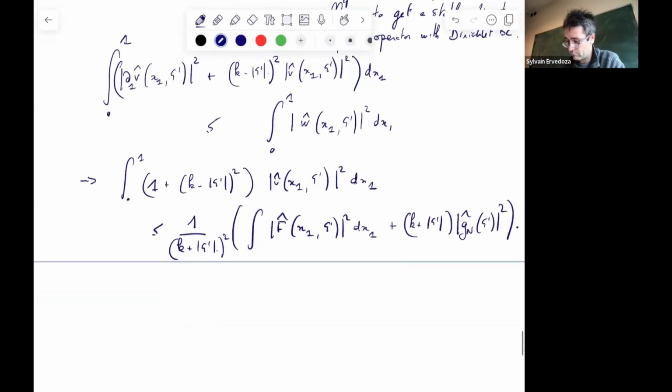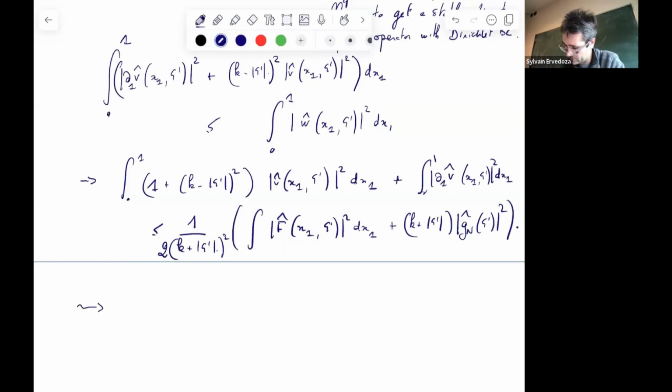And so then, okay, maybe I keep this one. If I keep this one, it means that probably I should divide by 2.